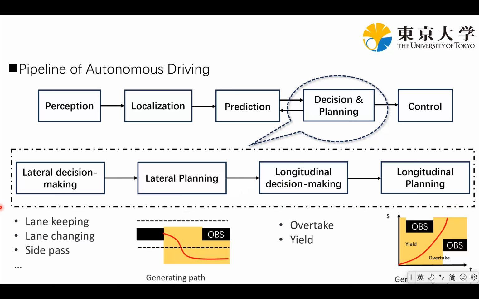Lateral decision making determines which way the AV should go. Lateral planning generates the path. Longitudinal decision making then determines the speed and acceleration based on the path, which is implemented by longitudinal planning. This is the final trajectory.